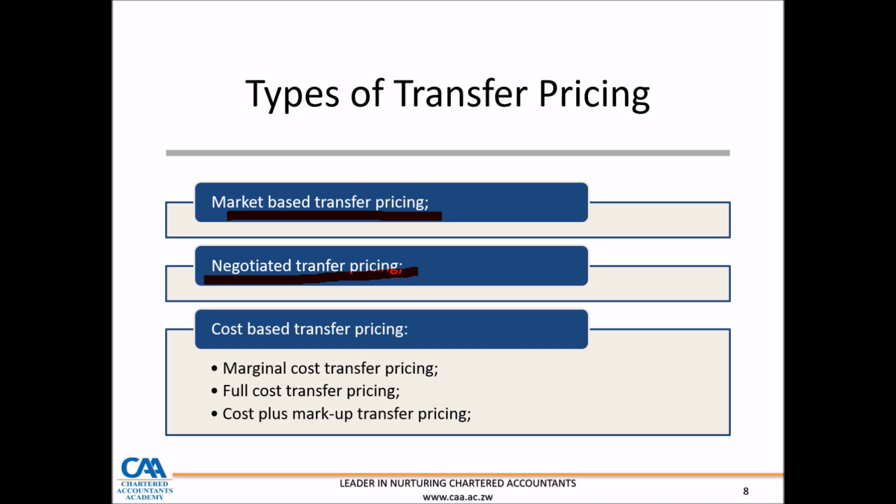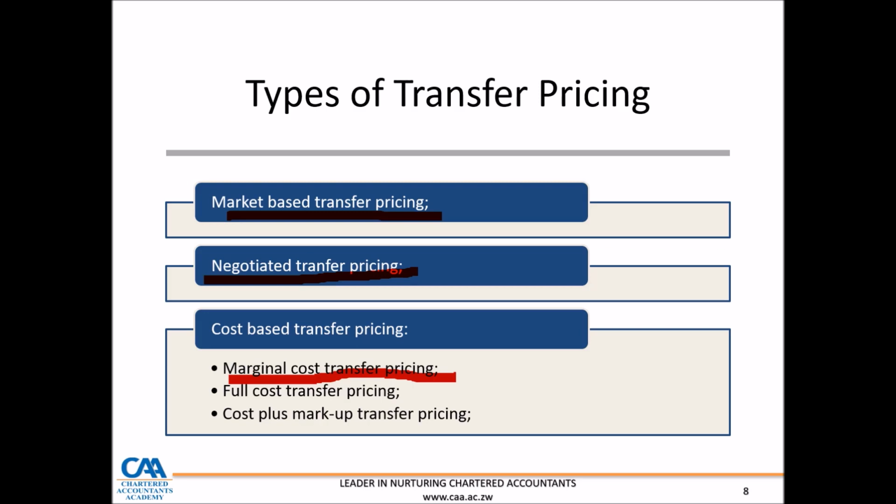So under cost-based transfer pricing, there are a number of approaches that are used. The first one being marginal cost transfer price. So marginal cost transfer pricing, we are saying the transferring division or subsidiary will determine its total variable cost of production. And those total variable cost of production are going to equal to the transfer price.